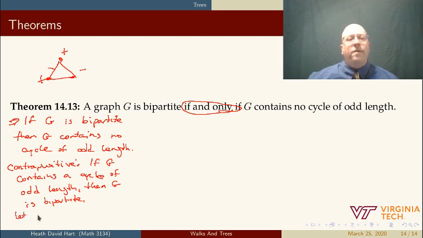Let V1, V2 up through V2k+1. Actually, if the length is odd, the number of vertices is 1 greater, so the number of vertices is even.